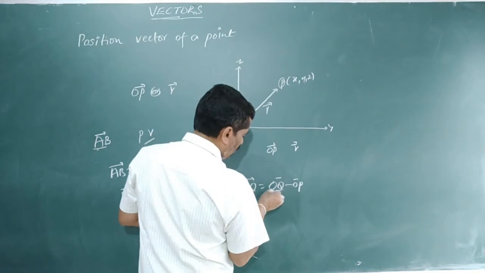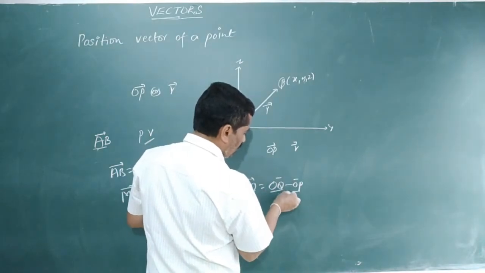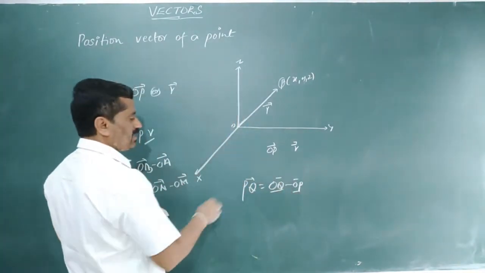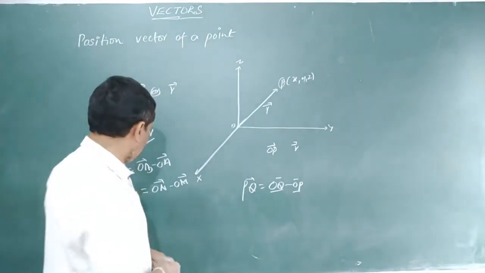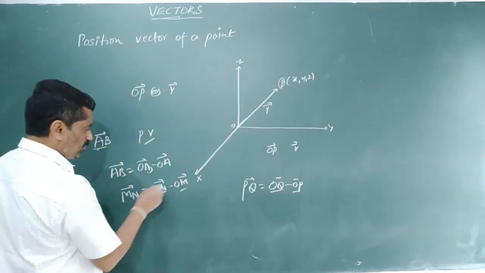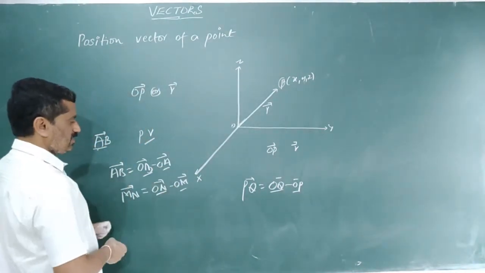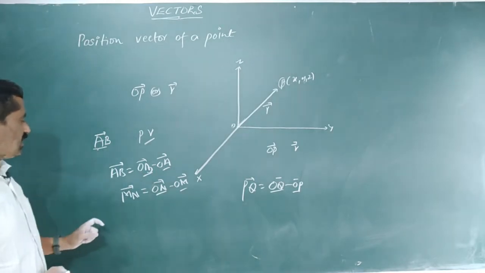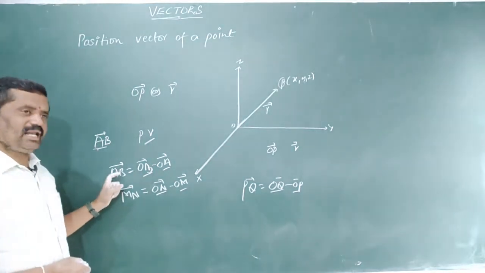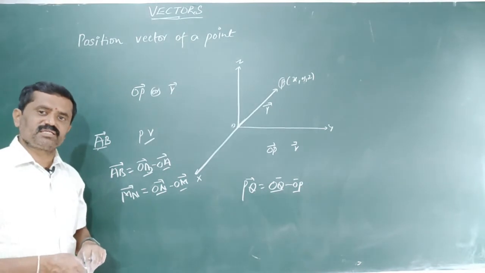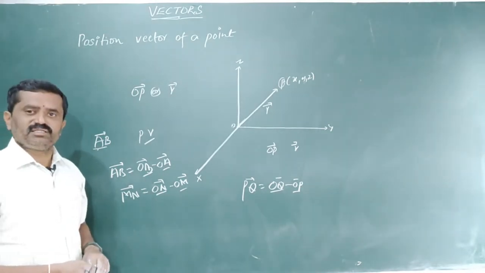Now OQ and OP are position vectors. Here this and this are position vectors. Any vector can be expressed in terms of its position vectors.